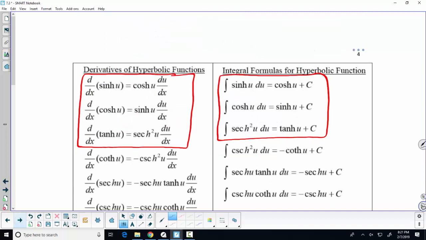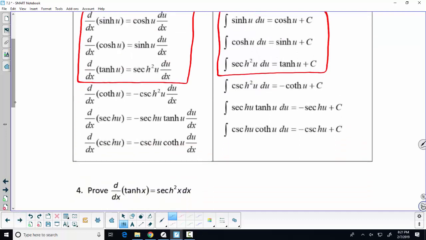Even if you look at the derivative of the cofunctions here, they're not quite the same because they don't come from the same figure. Like the derivative of hyperbolic cotangent is negative hyperbolic cosecant squared.